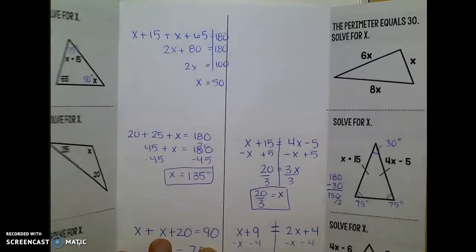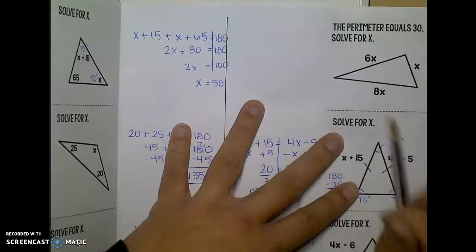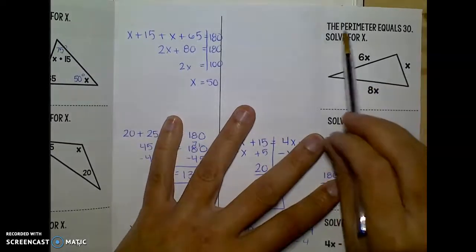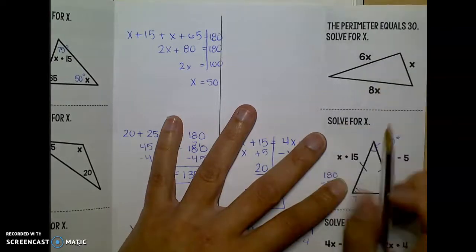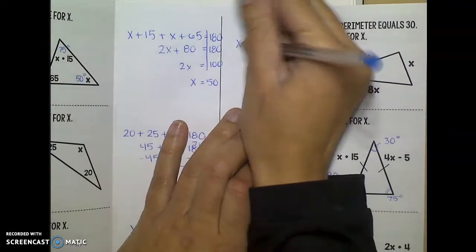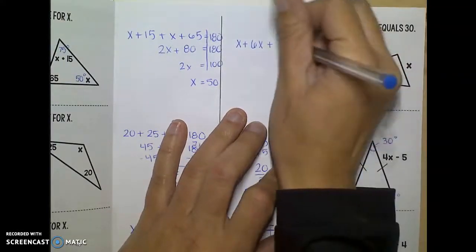Now the last one that I have is kind of interesting. So it's scalene, which means that all the sides are different, so I can't really set any of them equal to each other. But it tells me that the perimeter is 30. And so I find perimeter by adding up all the sides, and so I'd have x plus 6x plus 8x.